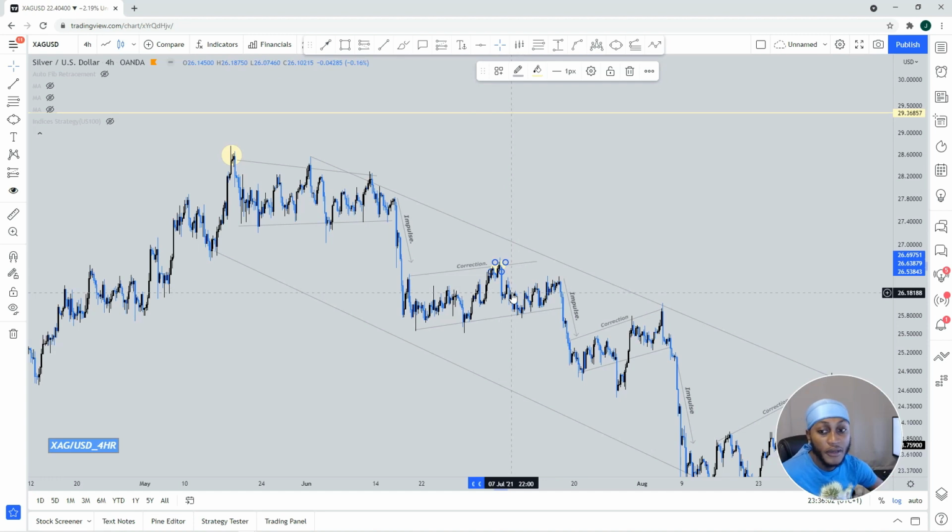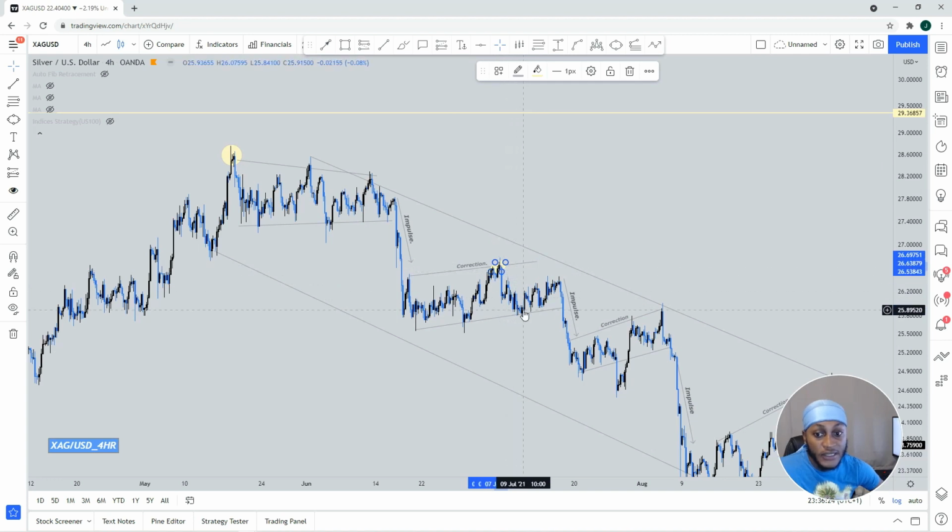Most people may call it consolidation, but to me this is a flag pattern that I can identify here. I would say it's a flag pattern, and then we get that flag pole, but we're just catering for the structures now. This is a high within this channel, within this consolidating phase; this is the overall high.